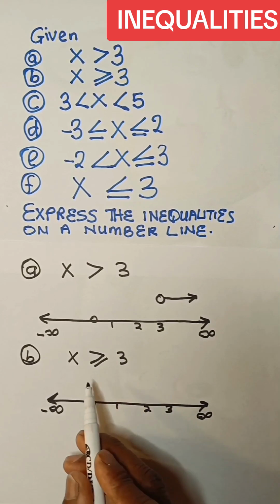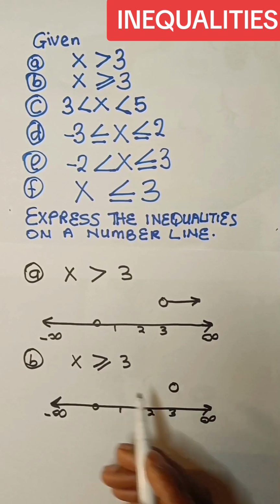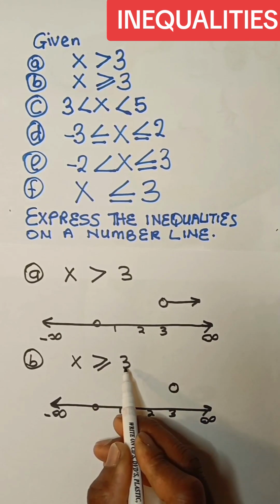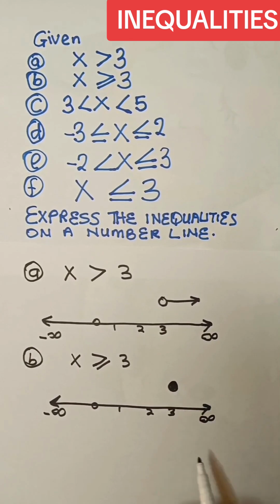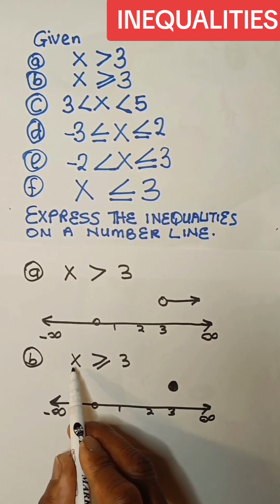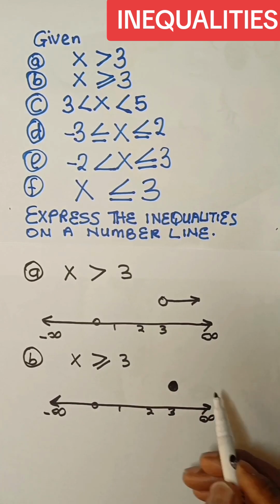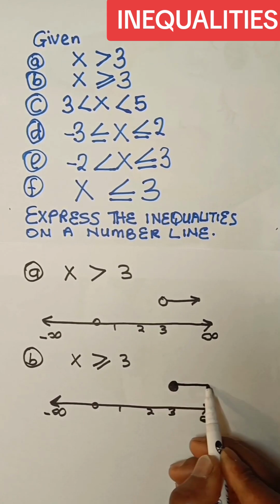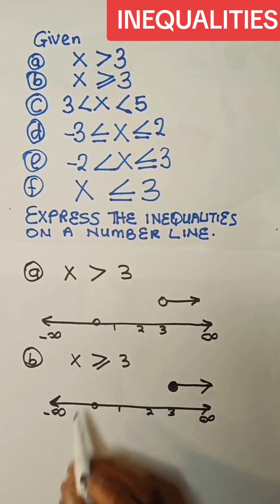So x is assuming 2 possibilities, it can either be 3 or greater than 3. We are going to shade the circle. And x is greater than 3, so x is tending towards positive infinity. So we draw an arrow towards positive infinity. So that is the number line representation of this inequality.